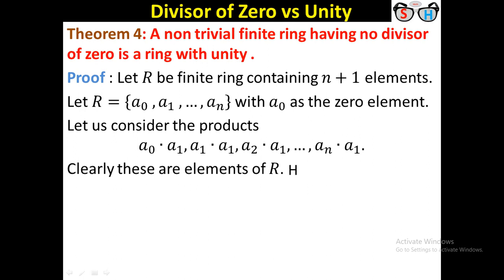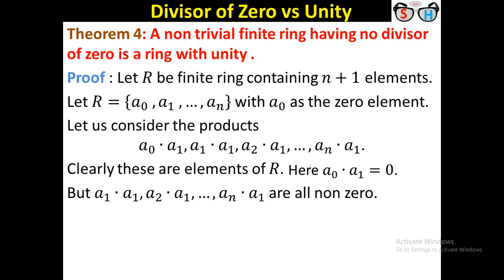Among the elements, a0 a1 must be equal to 0, because here we assume that a0 is the 0 element, that is, a0 is 0. So 0 dot a1 equals 0. This 0 is the 0 element in the ring. However, we claim that the remaining elements, that is a1 a1, a2 a1, dot dot, an a1, are all non-zero elements, because R contains no divisor of 0.